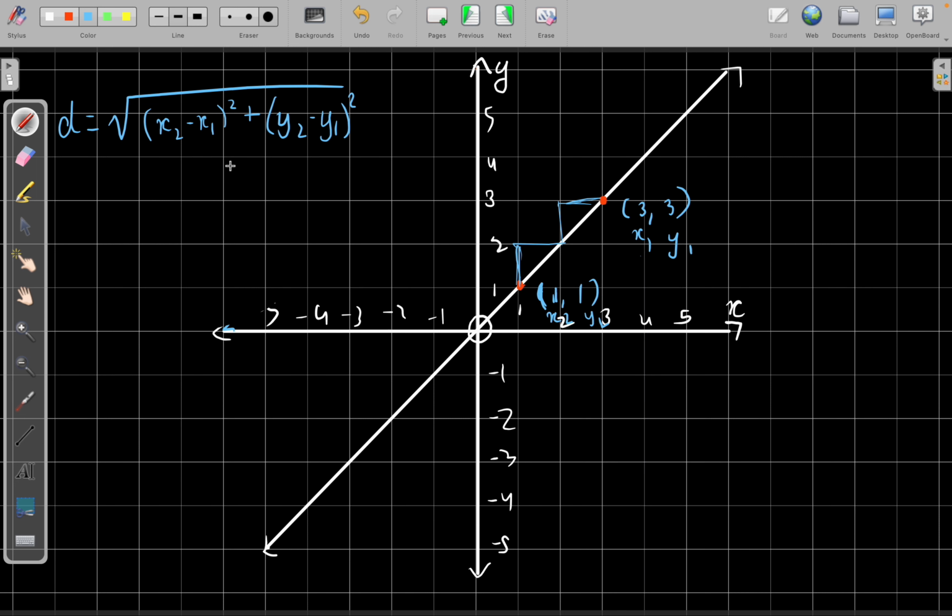What this basically means is, again, you can pick anything for x2 and x1. So let's say we pick 1, 1 and 3, 3. We can just plug in the values, which is going to be 1 minus 3 squared plus 1 minus 3 squared.